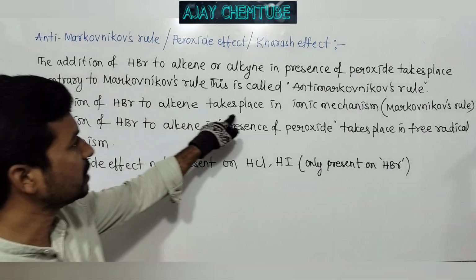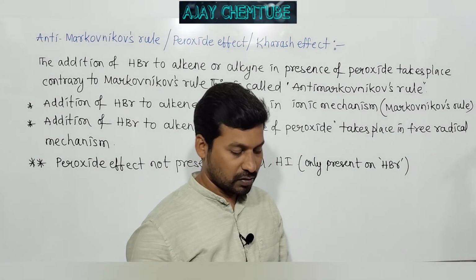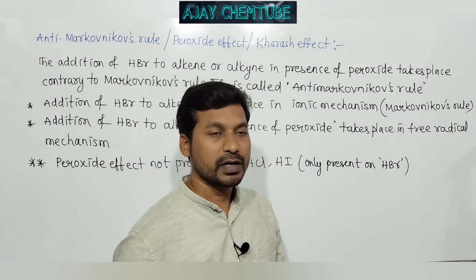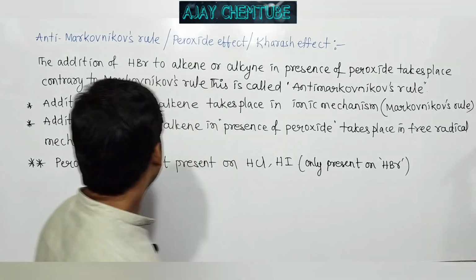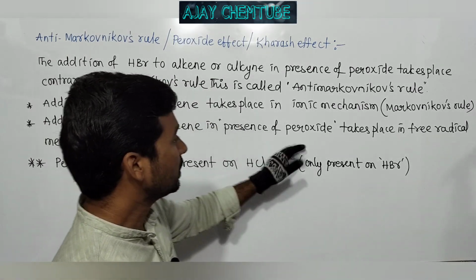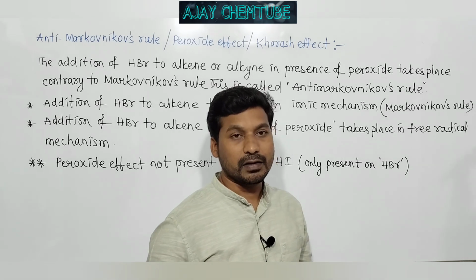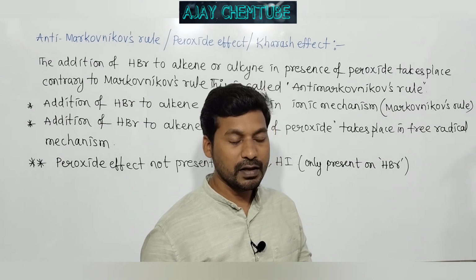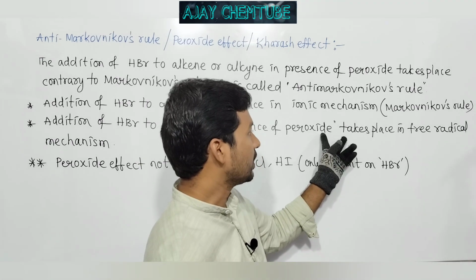Addition of hydrogen bromide to alkene takes place in general by an ionic mechanism, H plus Br minus. But addition of hydrogen bromide to alkene in presence of peroxide takes place in a free radical mechanism. In presence of peroxide, free radicals are formed, hydrogen free radical and bromine free radical.